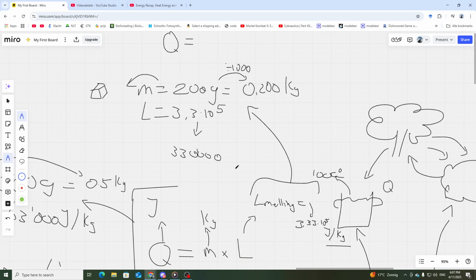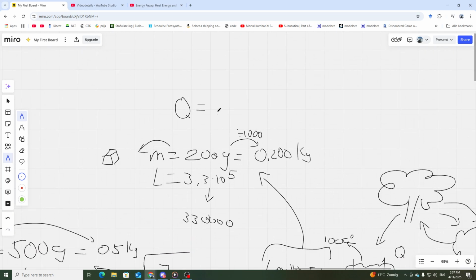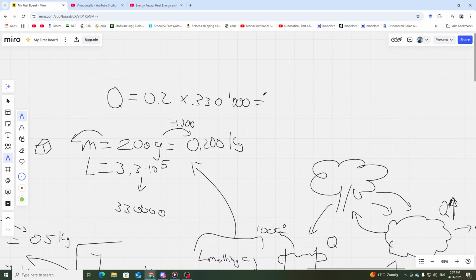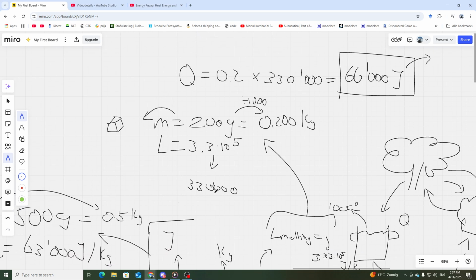So now I could just plug it into my formula. M times L. I do 0.2 times 330,000, which is equal to 66,000. And you better not forget that beautiful unit of joules. Yeah? That are some calculations with it.